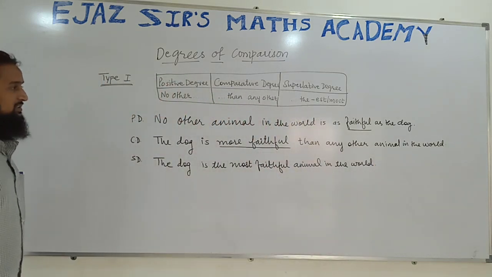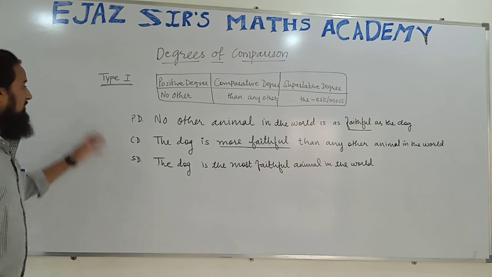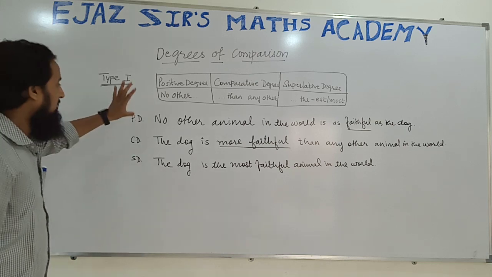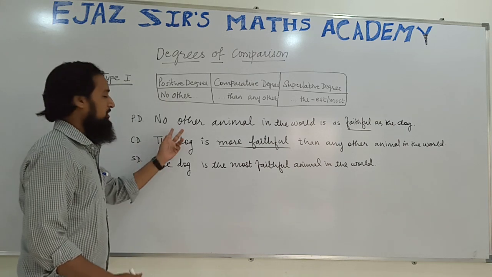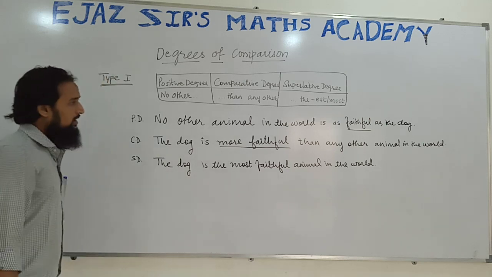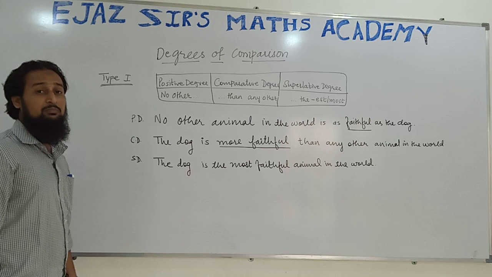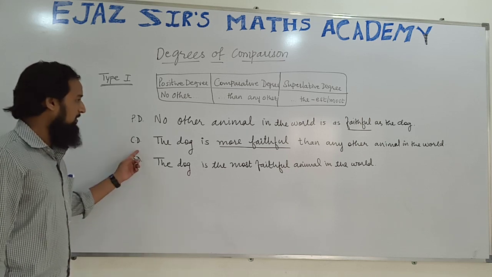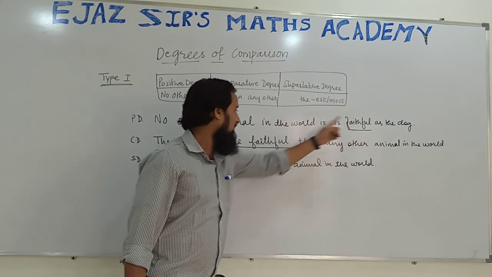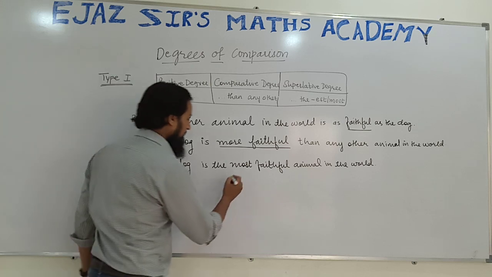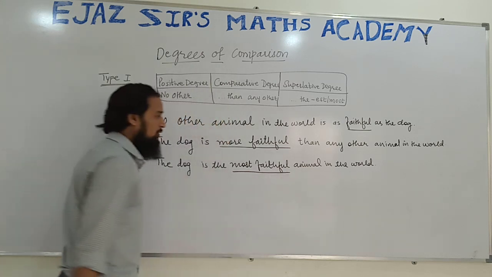These are the simple examples. So the first positive degree is no other. We start positive degree with no other. No other animal in the world is as faithful as the dog. The meaning must not change. Comparative degree will be, we have changed faithful into more faithful, and more faithful is changed into most faithful.